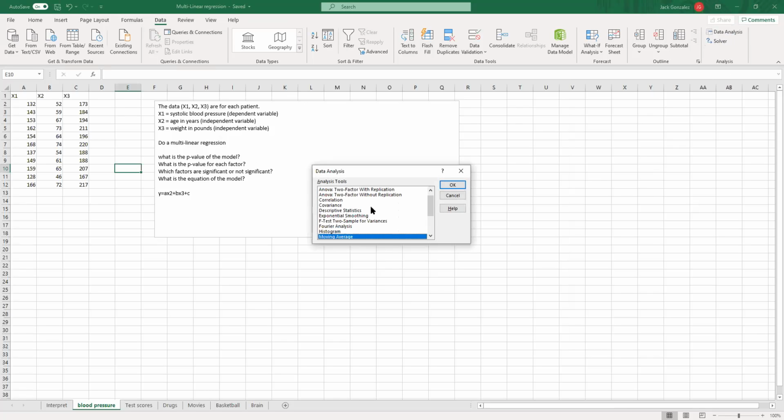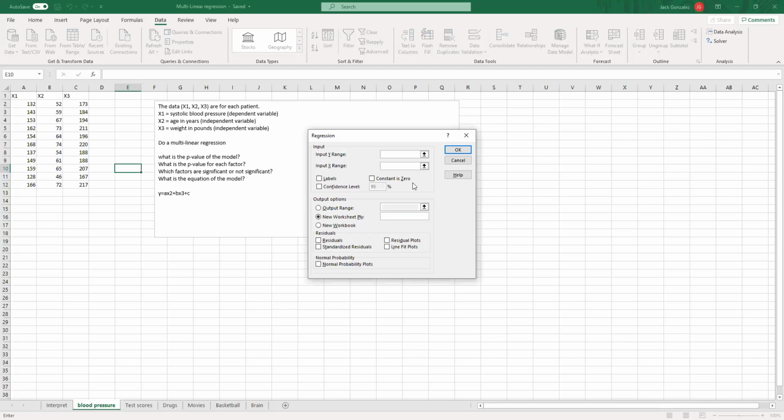Now that we have it in Excel, let's go down to regression and hit OK. So in here, we start selecting what is what, right? I always pick labels just because I like to highlight the whole thing. And when you do plots, it's going to have the names attached.